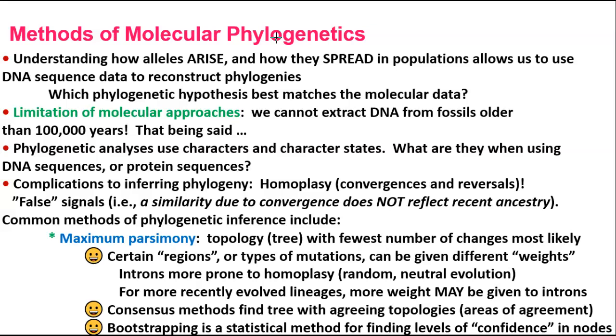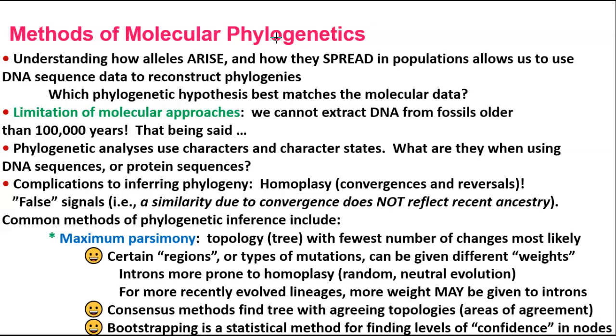So in maximum parsimony, the topology, that is the tree, the arrangement of the branches, that's a common word that we use in phylogenetics, is a tree's topology, its arrangement of branches. Maximum parsimony says the topology that has the fewest number of changes, the fewest number of character state changes, is the most likely.